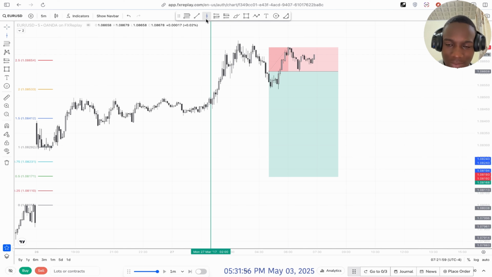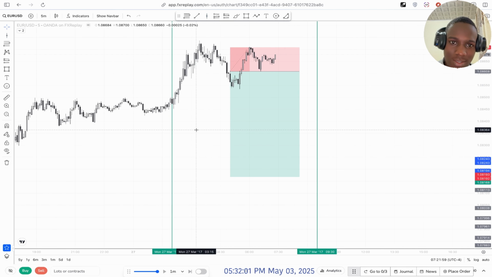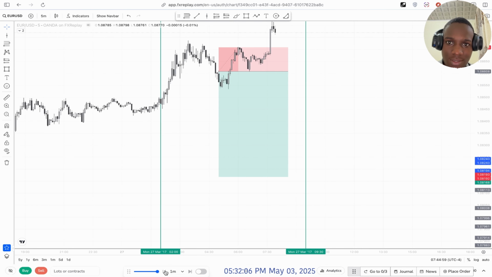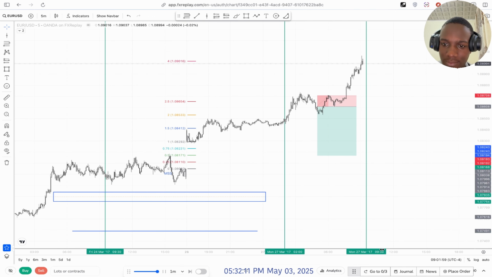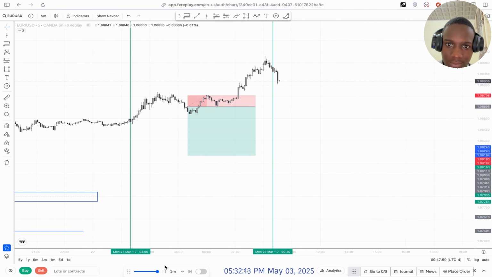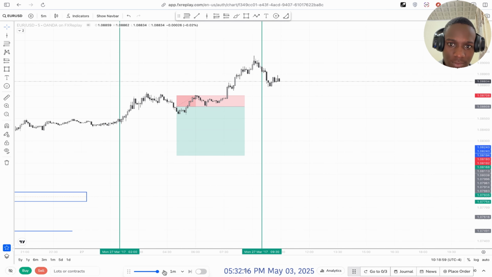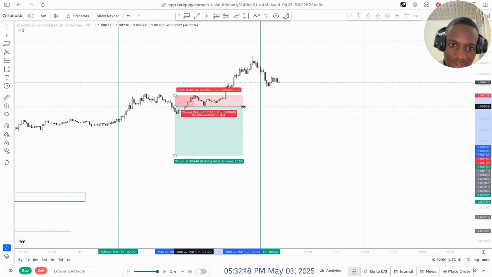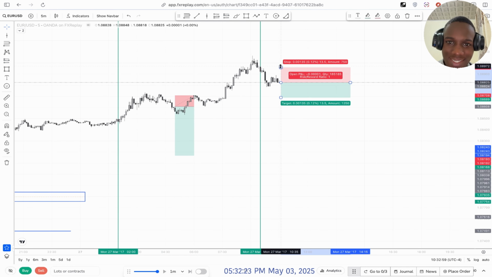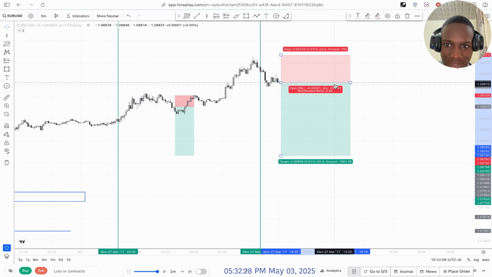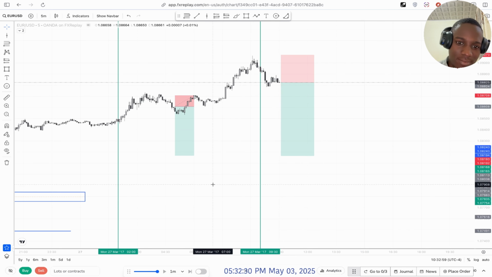By the time of New York open, 9:30, we have to drop. Let's take another sell entry. I don't know why I'm overtrading on the backtesting session, but this is a valid entry, man. It's a valid entry.